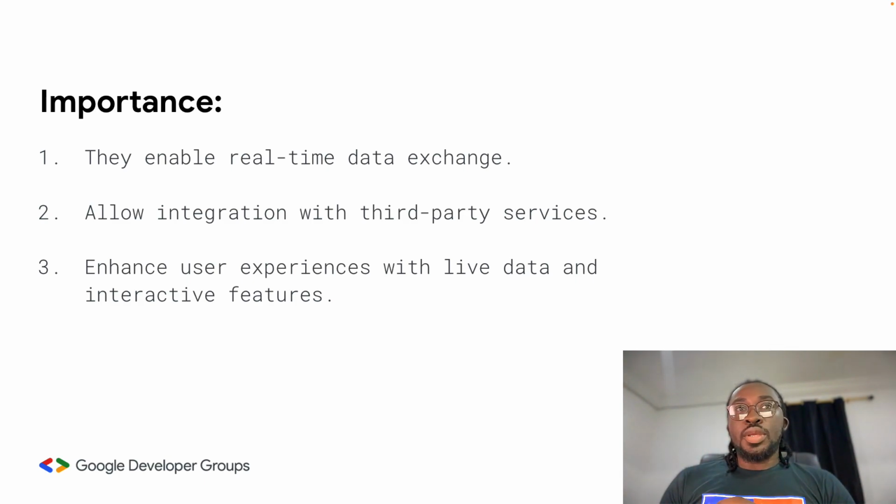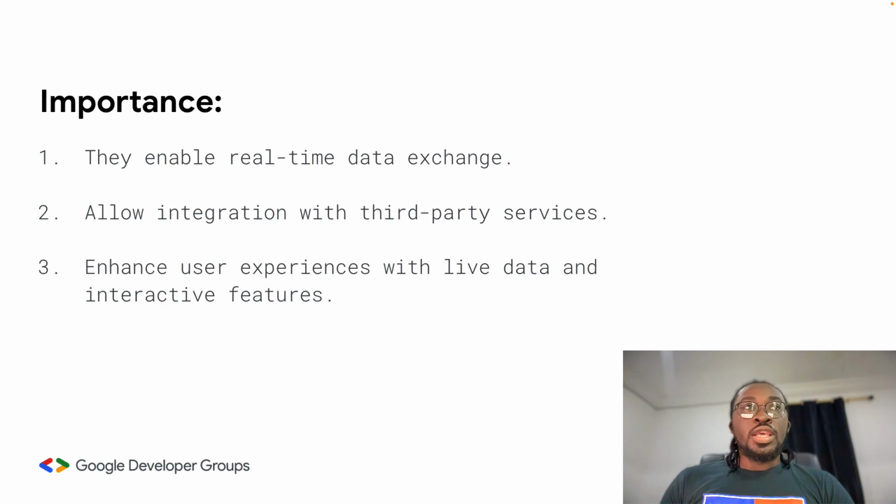For example, when you create a chat application in Flutter, you're able to chat with your friends, groups, or whoever in real time, using something like Firebase. Firebase uses a form of network or HTTP request underneath the whole package, which helps you get that real-time effect, right? And also, it allows you to integrate third-party services.